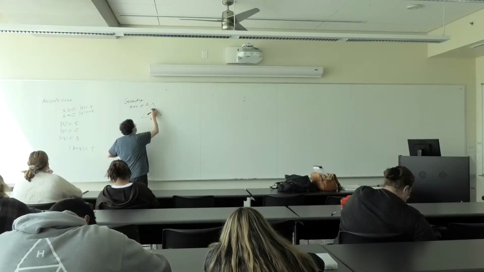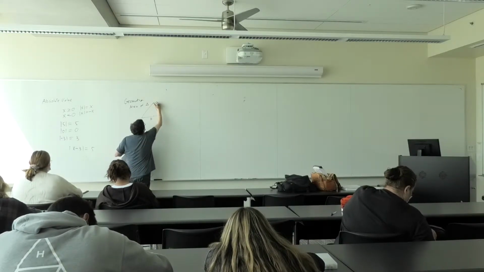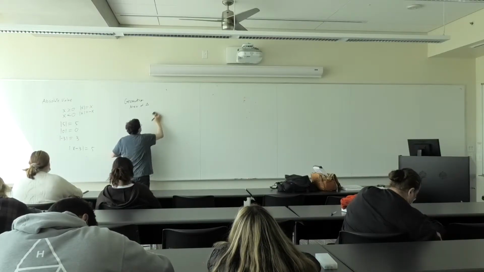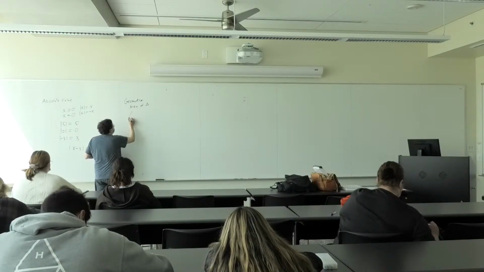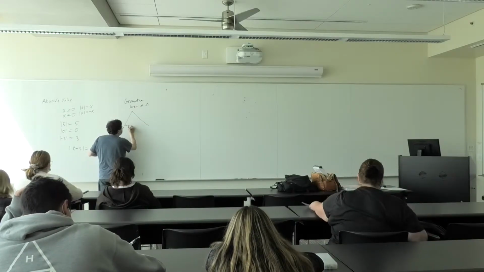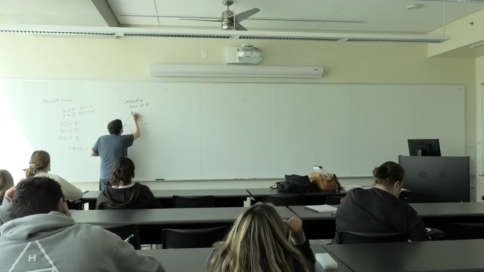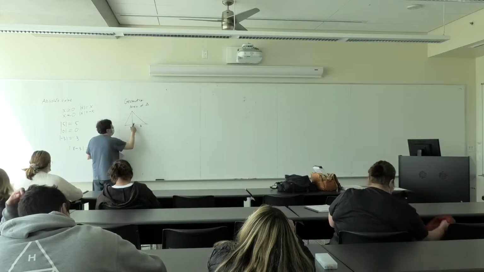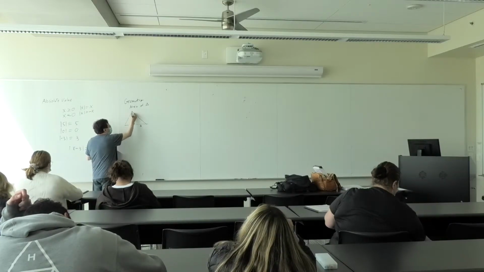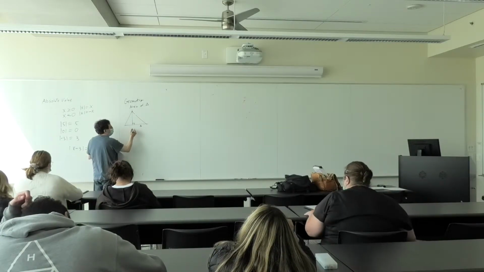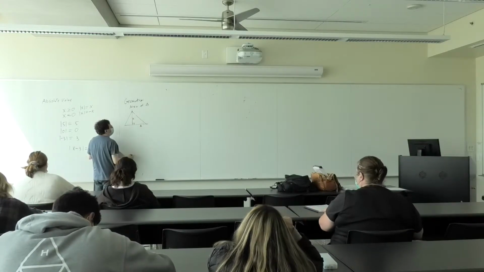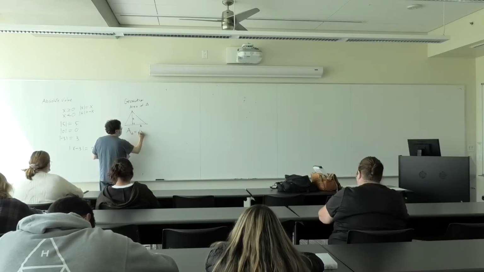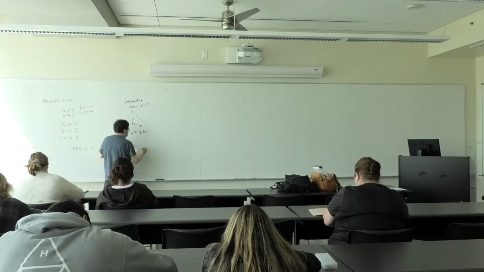I got tossed out of art school for that. Let's start over. There we go. So this is the base. We drop a perpendicular line, a line at right angles here, and that's our height. And then the area of a triangle is just 1/2 the base times the height.